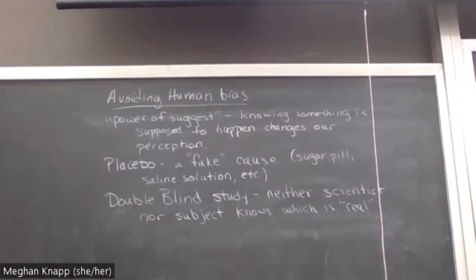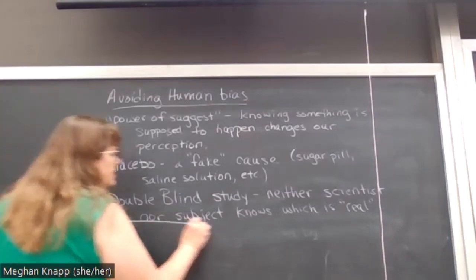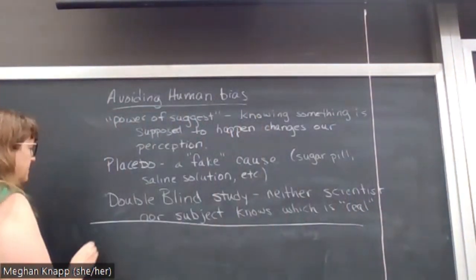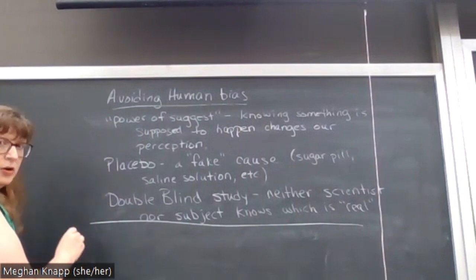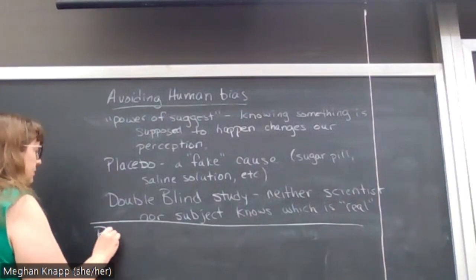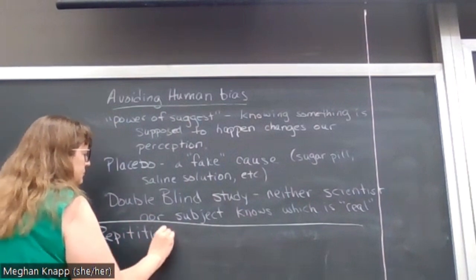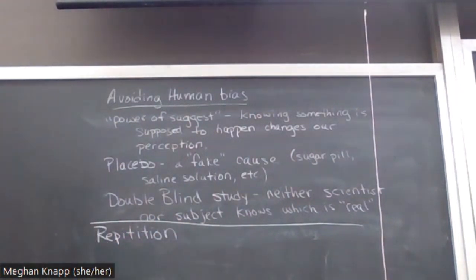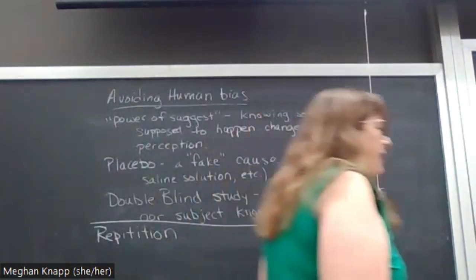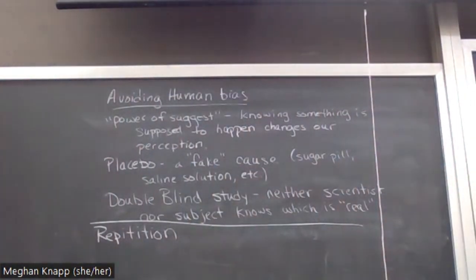Okay, for credibility. This isn't under avoiding bias, but we want repetition. If I cure one person with nose cancer with my medicine, you might say, yeah, that sounds reasonable.